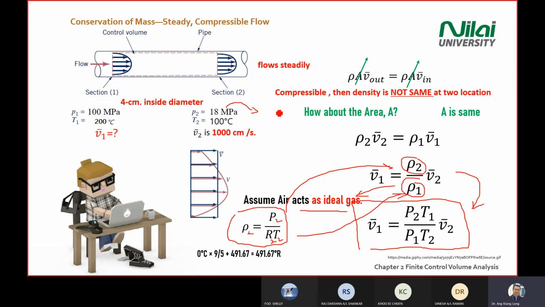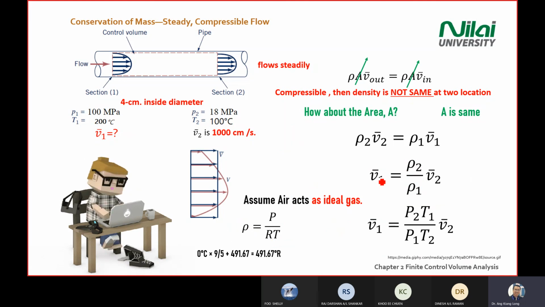We need to recall what is mega, kilo, micron, pico, and so on, yeah? So when you see mega, it means 10 power 6 Pascal. And remember to change all the unit here. It depends on the final answer that you need. All right. So it's just substitute.